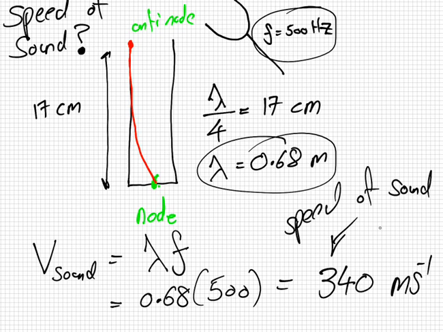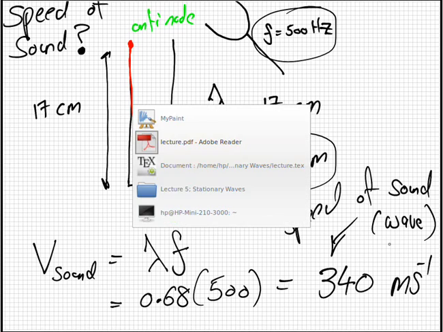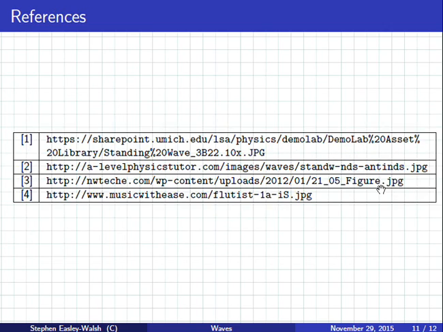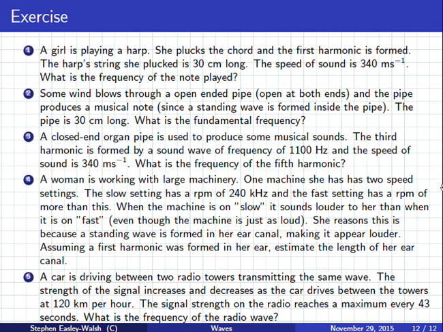So again, I need a node. And here I must have an antinode. So I think I'll go like this. Hmm, no, I don't think so. Node.